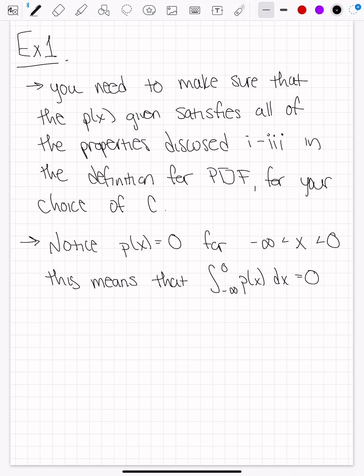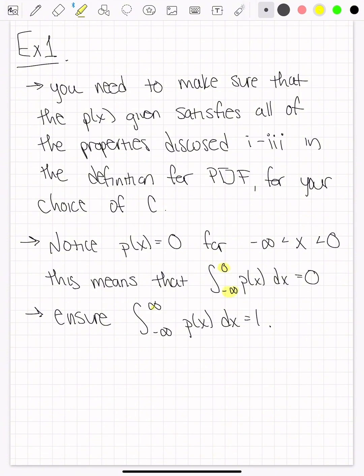And then I'm just going to say to also keep in mind that you need to ensure that the integral from negative infinity to infinity of p of x dx is equal to 1. So remember the properties, right? And pay close attention to these bounds and how you could split up the bounds.